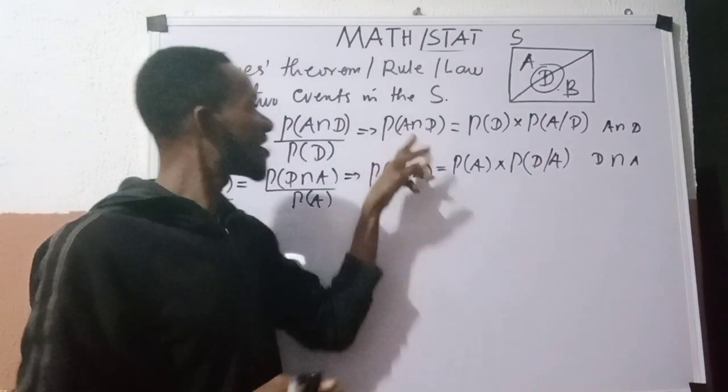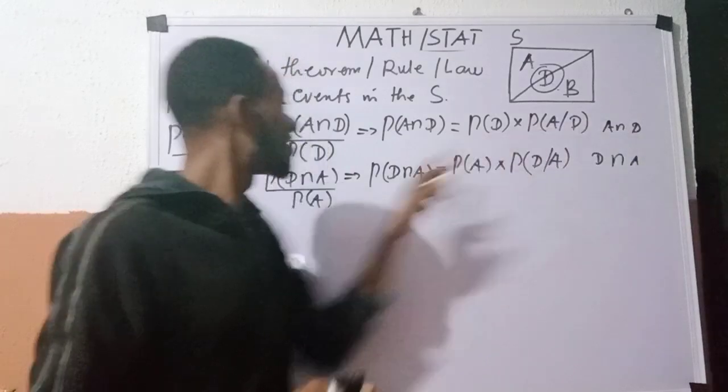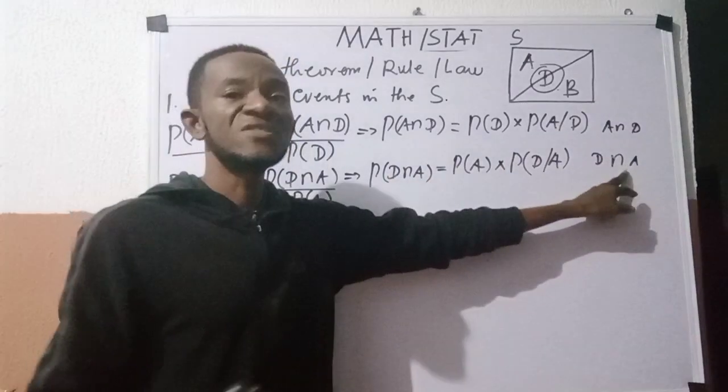And if they mean the same thing, their probabilities are the same. This is A intersection D, which is this, and this is D intersection A, which is this.